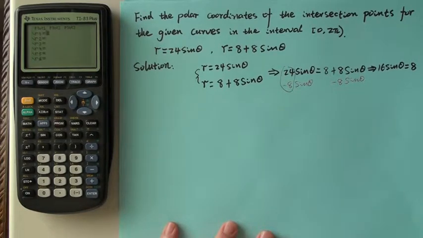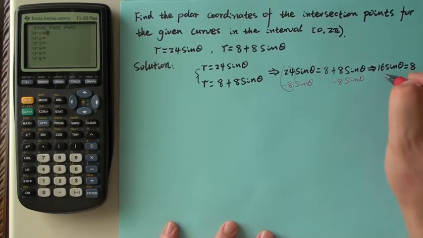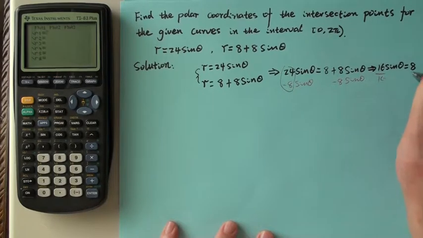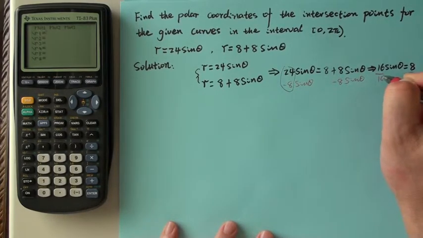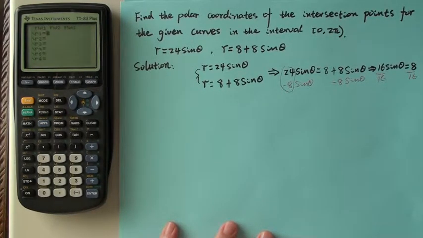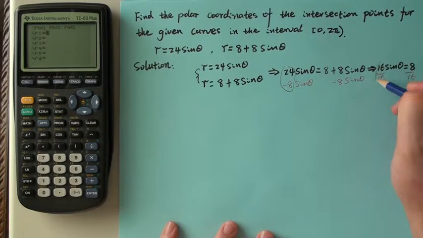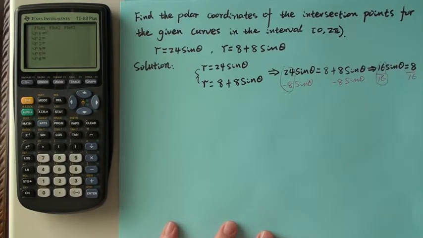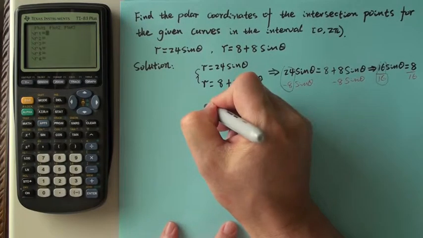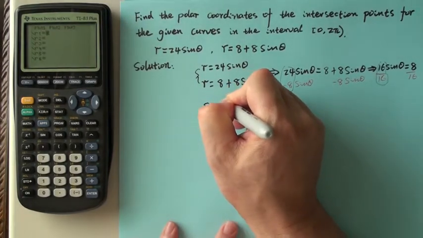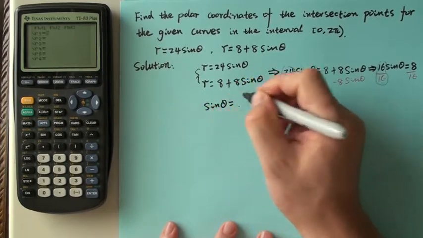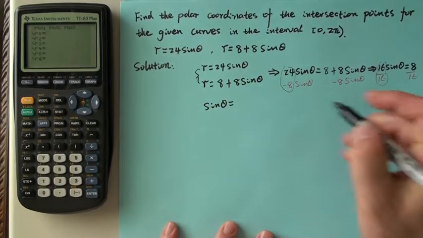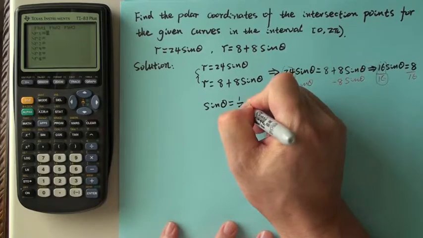Now divide both sides by 16. You cancel the 16 upstairs and downstairs, so we get sine theta equals 8 divided by 16, which is 1/2.